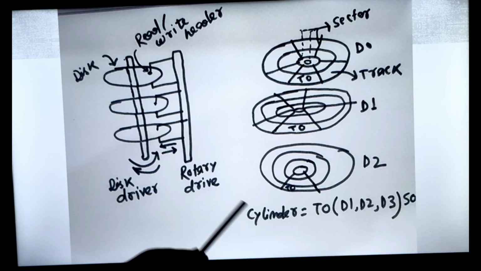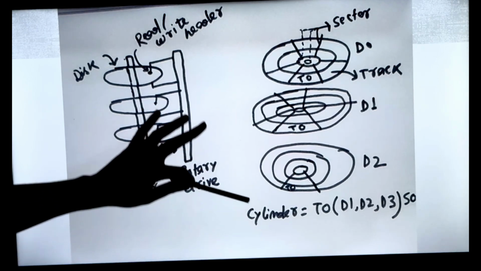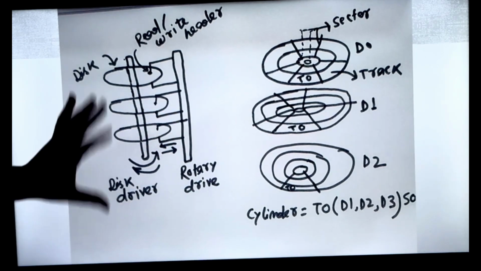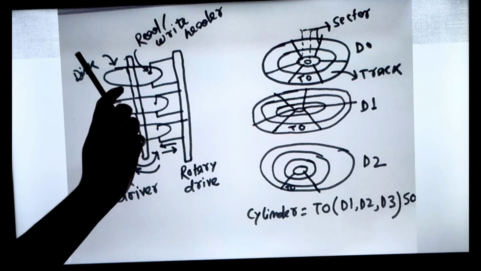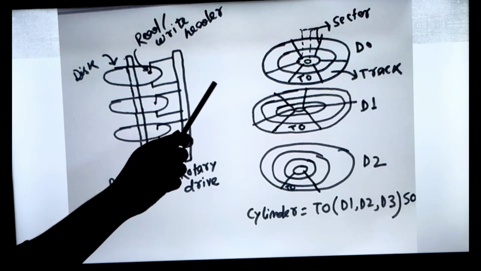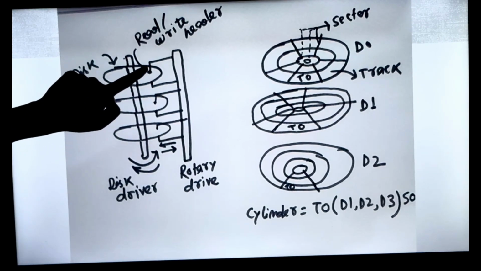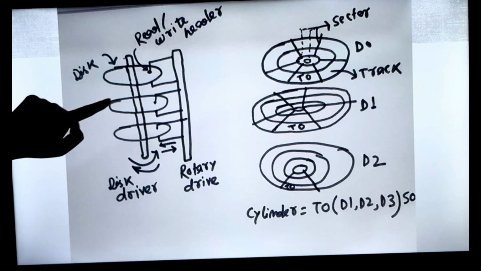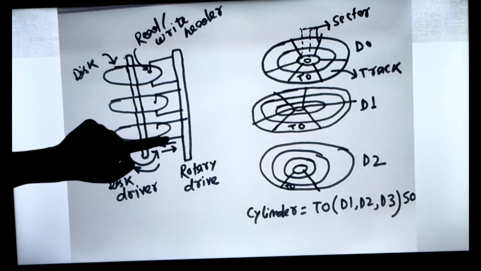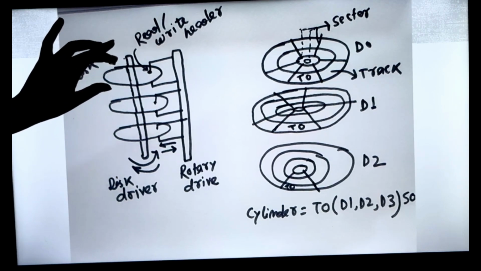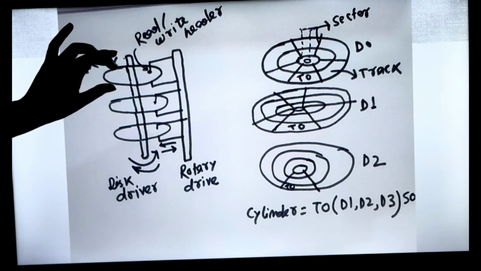Although this is not a good diagram I have drawn, I'll try to explain it. In a magnetic hard disk, there is a collection of n number of disks like this. Each disk can occupy some space and store some data.